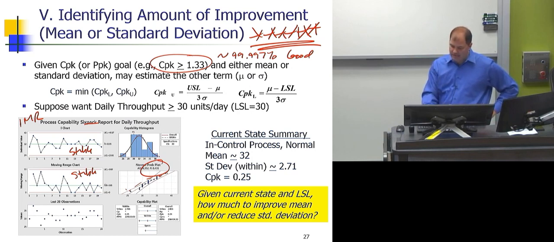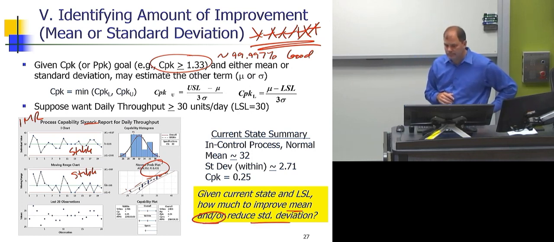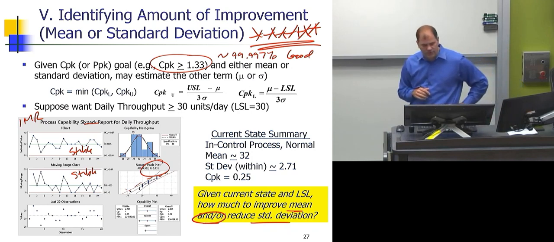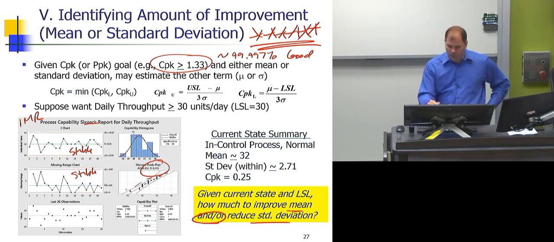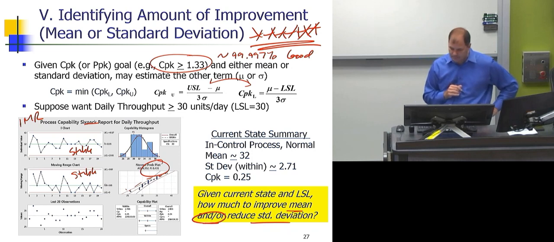The question is going to be asked of you, how much mean and or standard deviation need to be modified? To answer that question, I'm going to use CPK. In this case, which of those am I going to use? CPK upper or CPK lower formula?